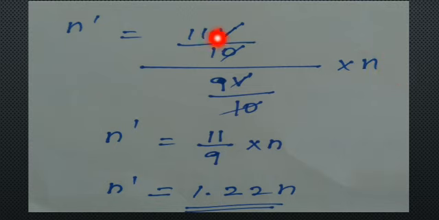The v cancels, the 10 cancels, so 11 by 9 into n. The value of 11 by 9 is 1.22. So the apparent frequency is 1.22 n.